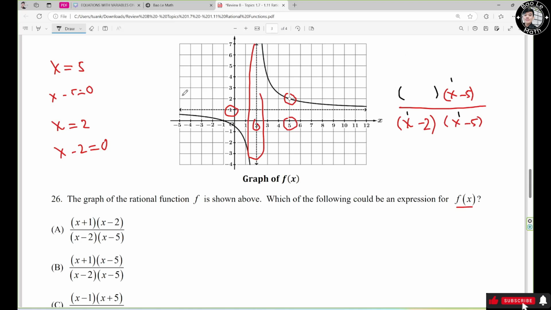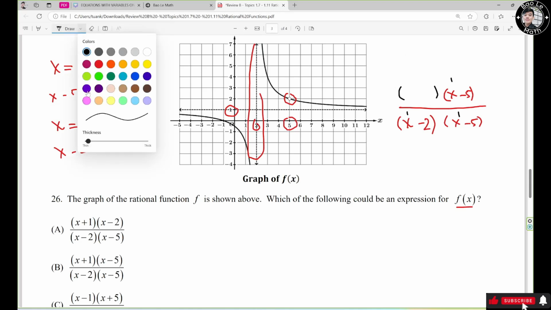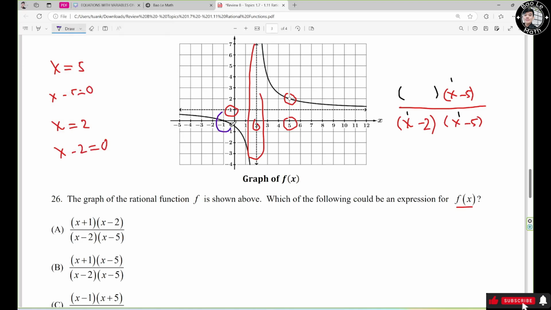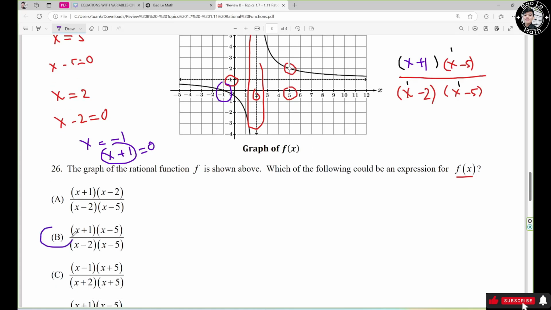So how do we find this one? Look at the 0 right here. 0 at s equals negative 1, right? So we need to convert this one into the factor. So we have s plus 1 equals 0. So this is the factor right here. So we put s plus 1 right here, right? It's going to be B, right?